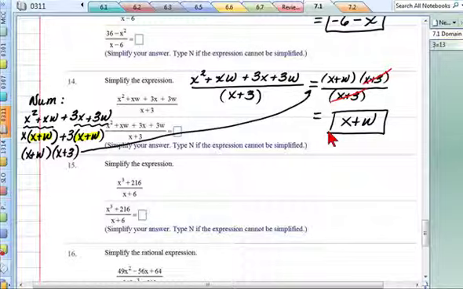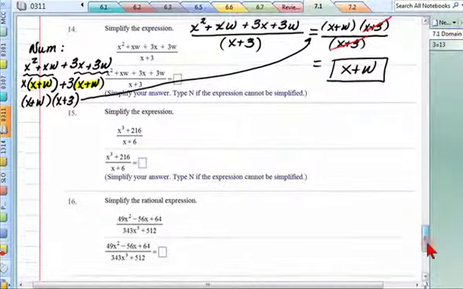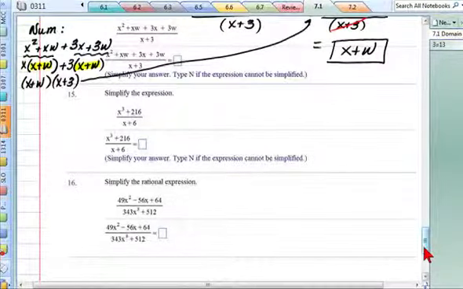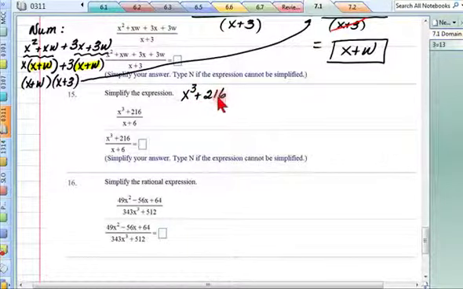Okay, we've done difference of squares, we've done greatest common factor, we've done trinomials, we've done grouping. What have we not done? Cubes. Okay, well now we're on number 15. We're going to have some cubes. So somebody needs to make sure they've got the calculator ready to take a cube root for me, please. I have x cubed plus 216 over x plus 6.